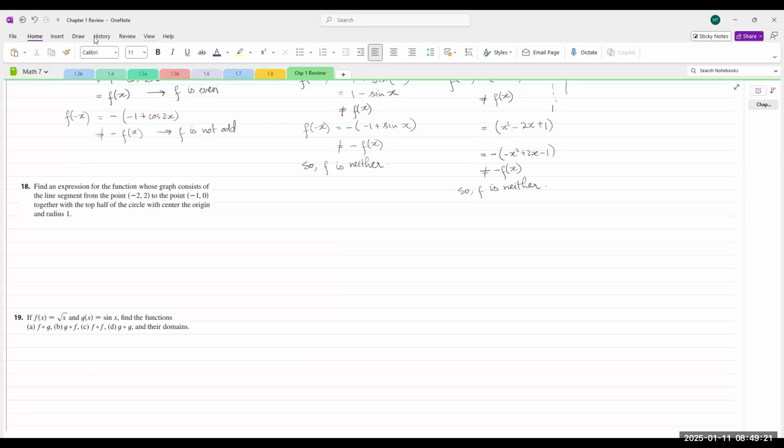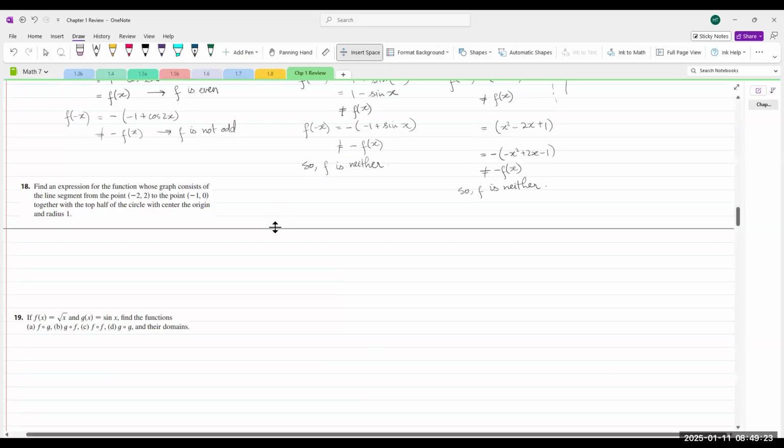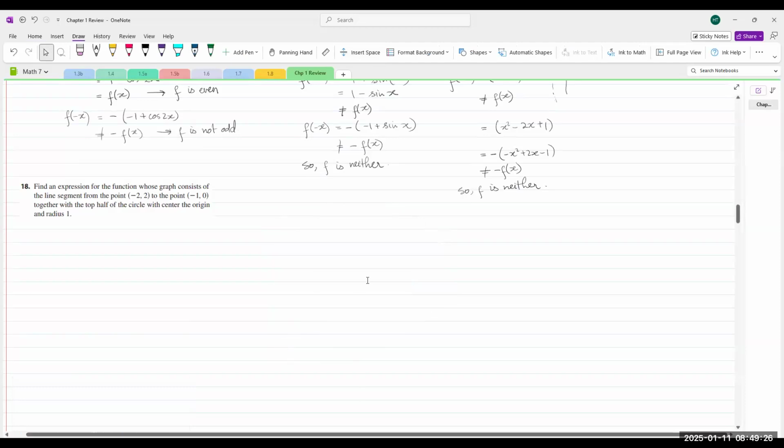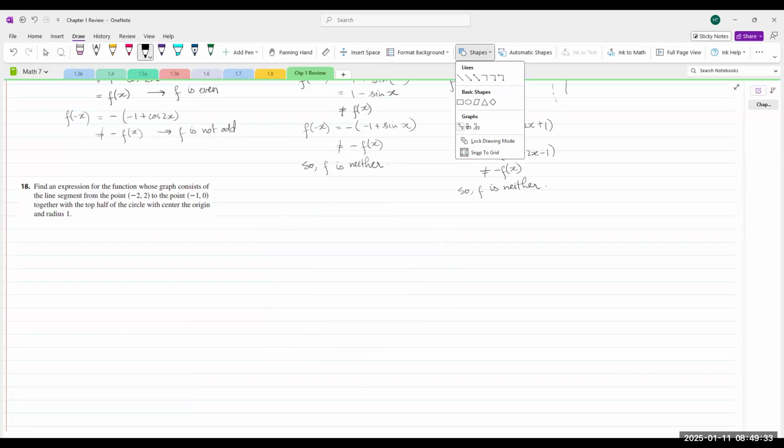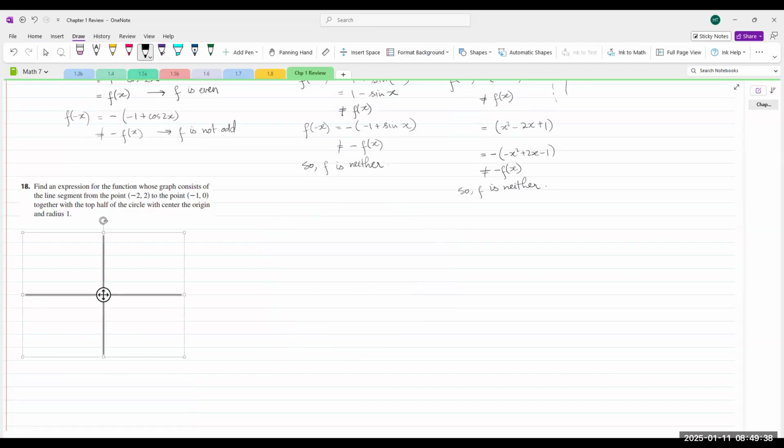Number 18. Find an expression for the function whose graph consists of the line segment from (-2, 2) to (-1, 0), together with the top half of the circle centered at the origin with radius 1.